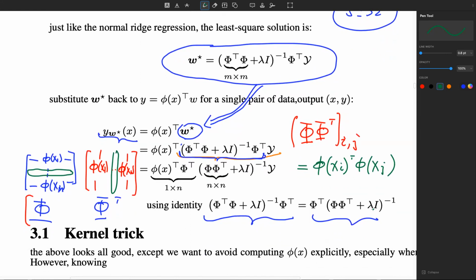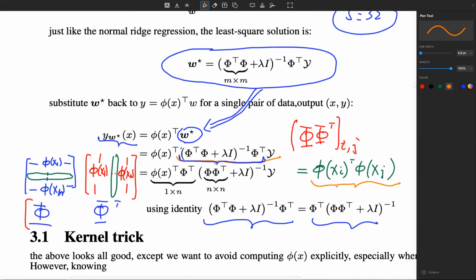But the problem is this. This is still very, very difficult to compute, isn't it? Because phi xi is m dimensional, because I need to project my low dimensional x into a very high dimensional phi. And I'll do the same thing here. Ultimately, you just want to get a number, right?